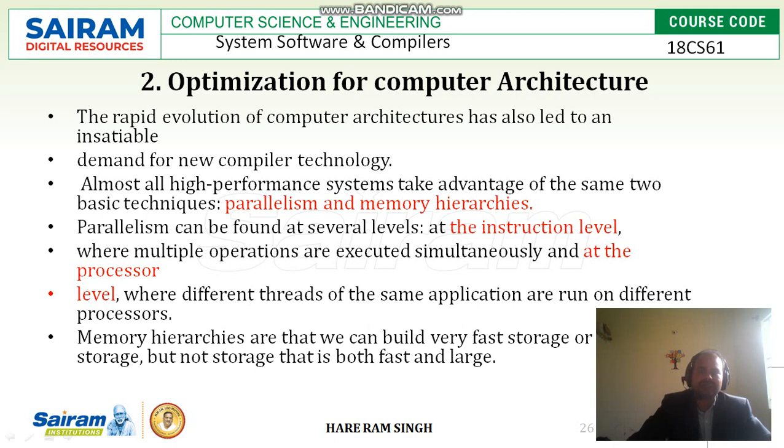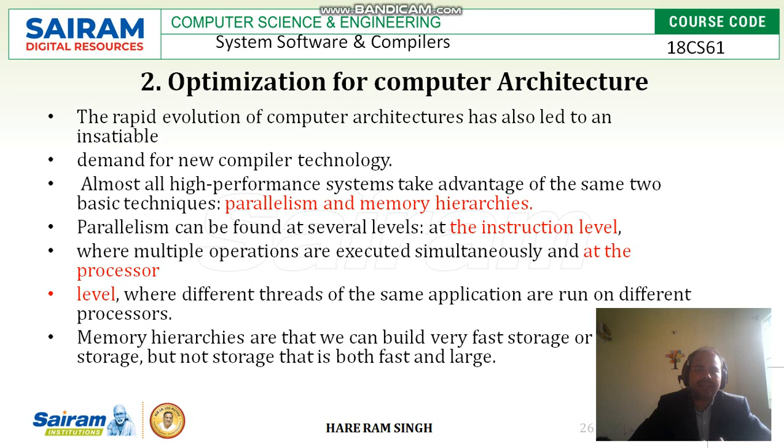Next is optimization for computer architecture. The rapid evolution of computer architecture has also led to an insatiable demand for new compiler technology. Day by day, new technology, new computer architecture, new hardware devices are getting designed.